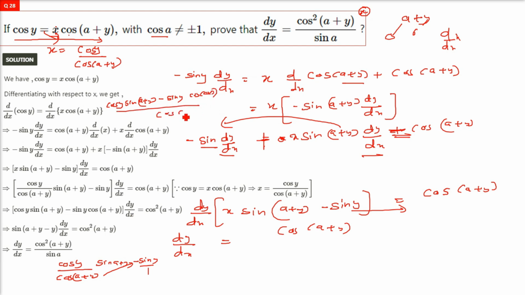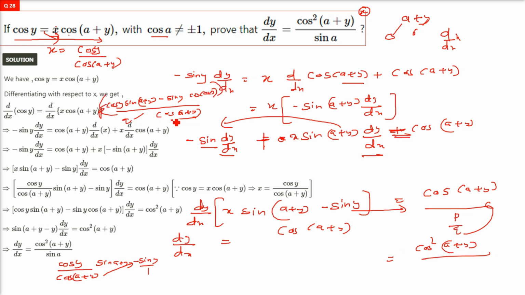Now this cos(a + y) is in the denominator and this will go in the denominator, remember? When we bring it to the denominator of the denominator, it goes to the numerator. Just assume the numerator is p and the denominator is q. So p by q, when we put it, q will go in the numerator, and q is cos(a + y) only. So cos(a + y) into cos(a + y) will be cos²(a + y).